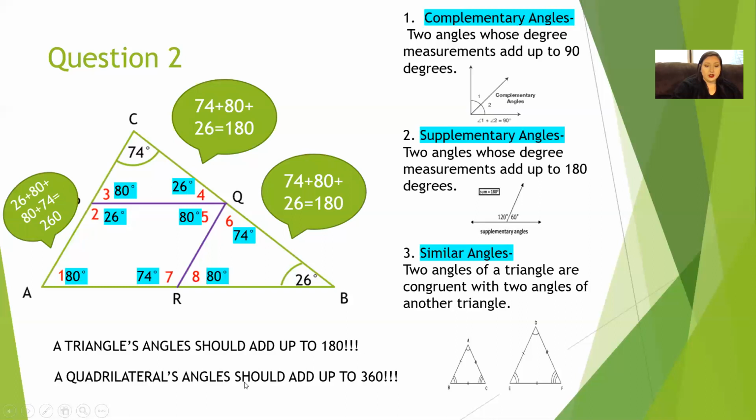I know I said down here that quadrilateral angles should add up to 360, and this is only if they are regular quadrilaterals. This is an irregular quadrilateral because the sides are not all the same length, so this would be acceptable in this case.